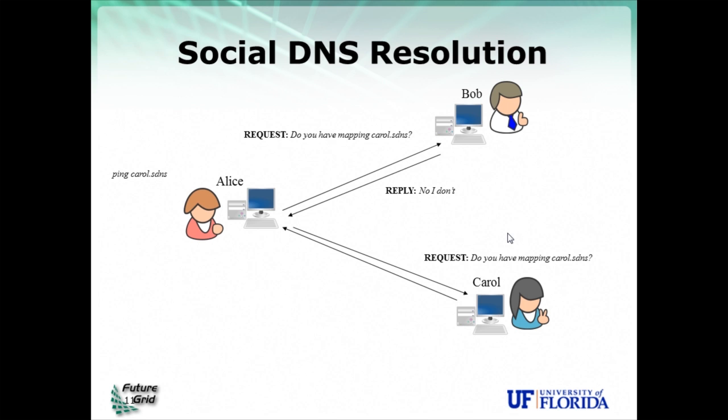So Bob may not have that mapping, but Carol may have that mapping, and Alice will get the IP address that it maps to, and Alice in this case doesn't have to remember Carol's IP address, and rather uses a simpler to remember, simpler to use name. Now if you have multiple mappings for the same address, Alice will be presented with an interface where she can choose which of the mappings she would like to use.